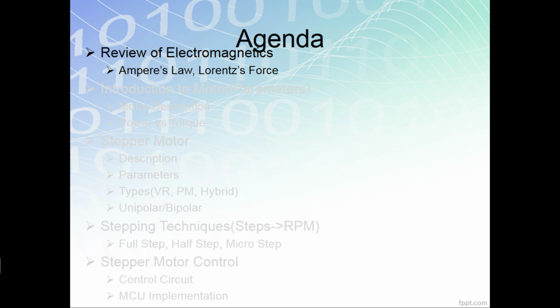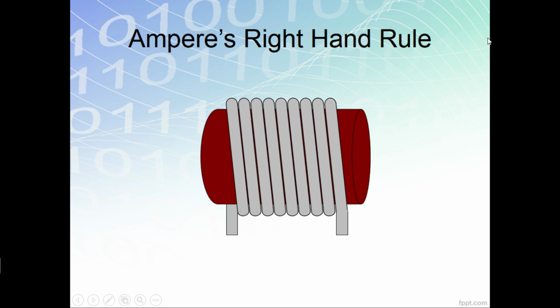So let's get started with the review of electromagnetics principles. We have Ampere's right-hand rule. Ampere's right-hand rule states that whenever a current flows on a conductor, a magnetic field will be produced.